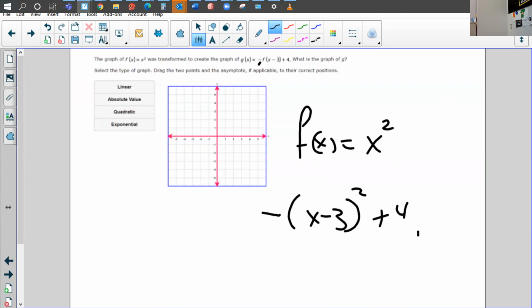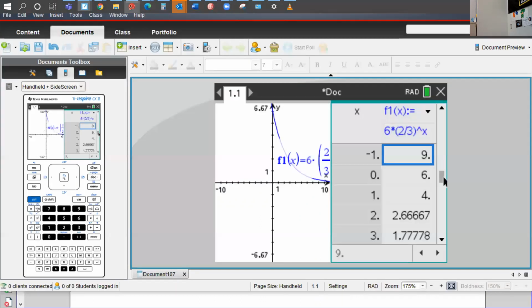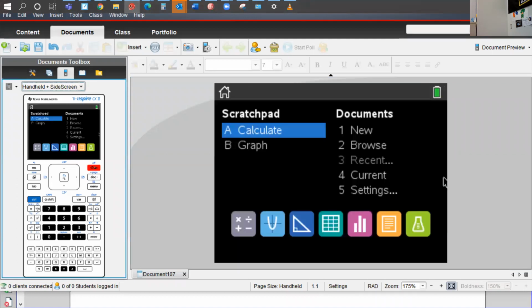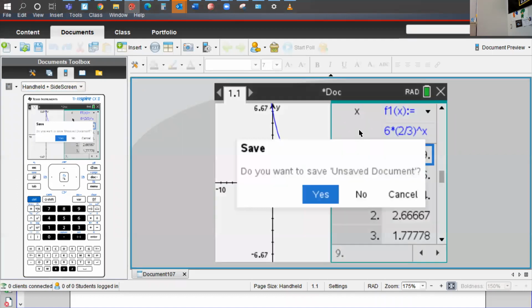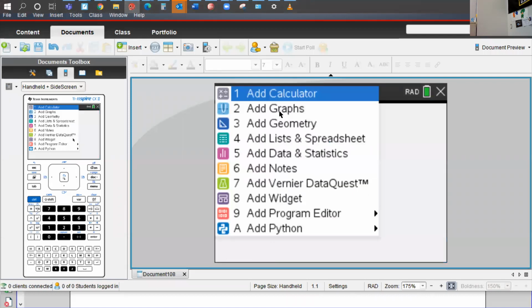All right, so let's graph this now, f of x. I'm just going to graph this part here in the calculator, and then I want to find a good point that I can put that second dot on. All right, so let's go back to my calculator. Press home, new, graph.